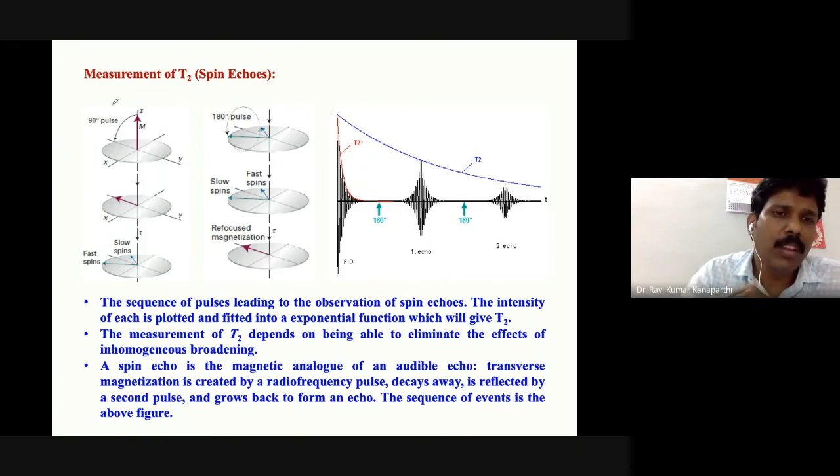This is shown here. After you have applied the 90-degree pulse, the red indicates the net magnetization vector, which is now precessing in the xy plane.